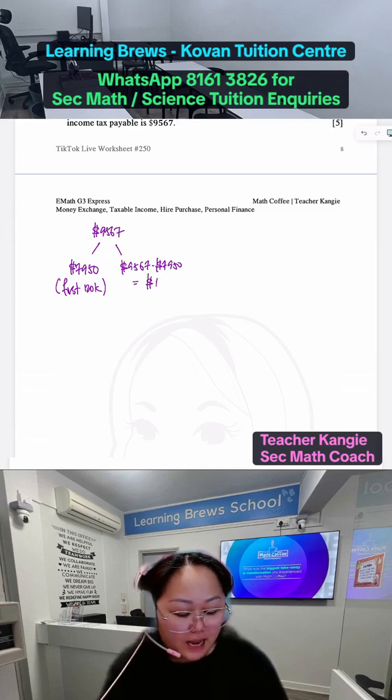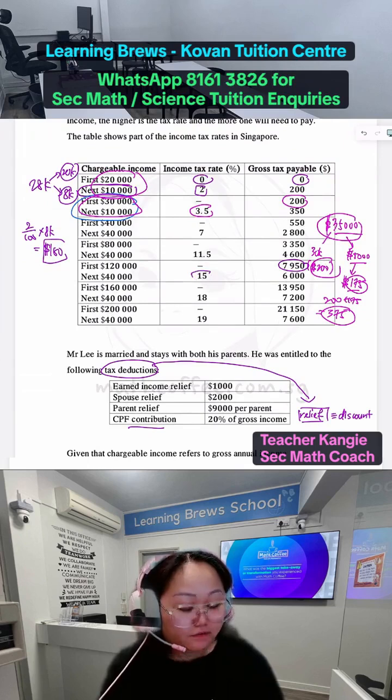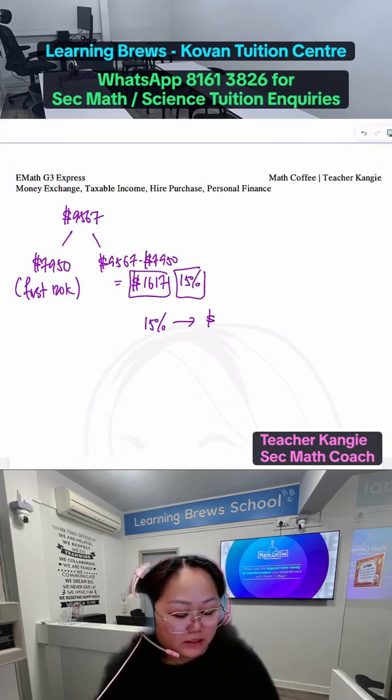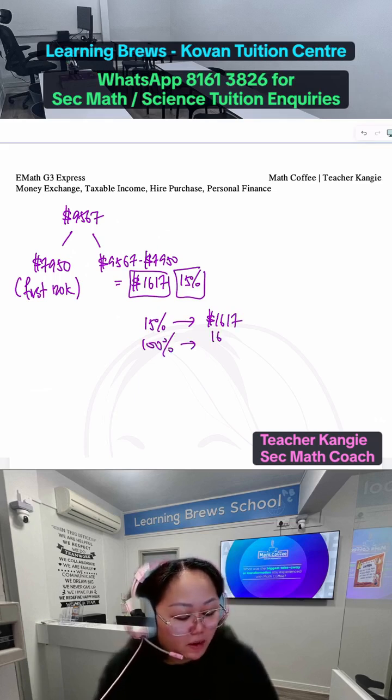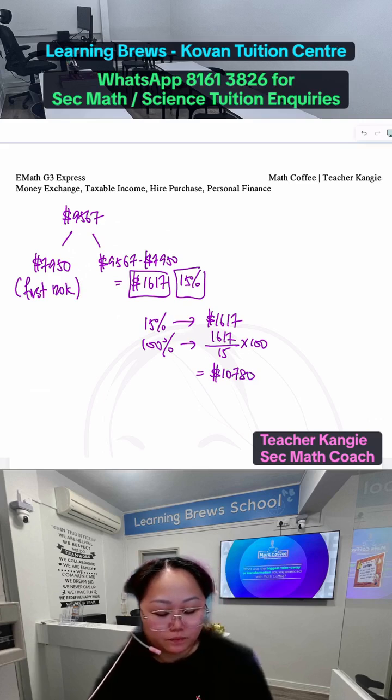Over here, there is this income tax of 1617. And this 1617 is based on 15%. So I need to find out what the reference is. So I take 15% as 1617, and then let's find out what the 100% is. Just take 1617 divided by 15, which is 1.08, then multiply by 100. So over here, the reference is 10780.